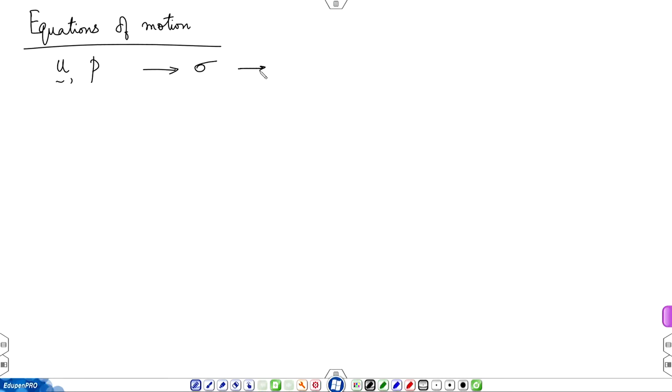From this quantity sigma, you find forces and moments. This is the overall approach adopted in fluid mechanics. Some exceptions for some simple problems, you may be able to skip the intermediate steps and get the global answer straight away. But by and large, this is the approach.